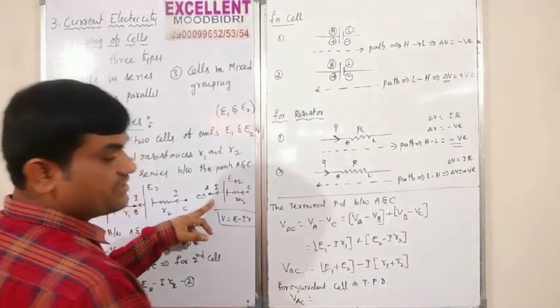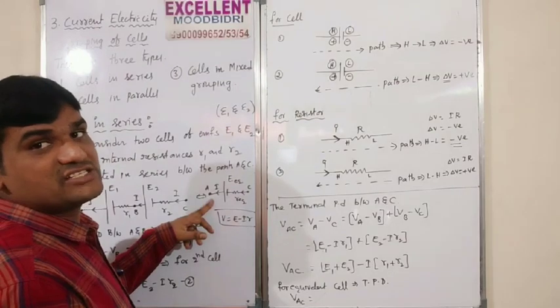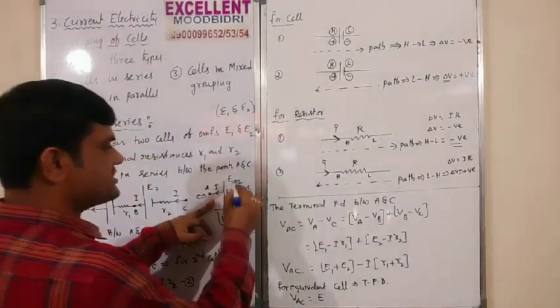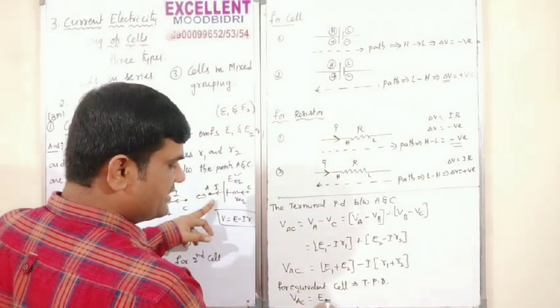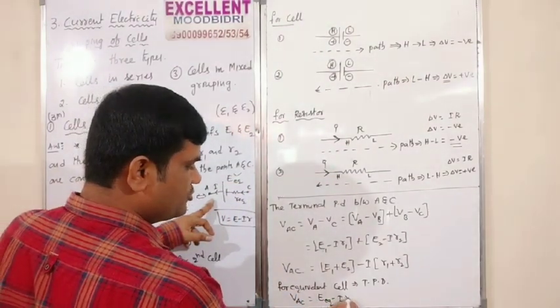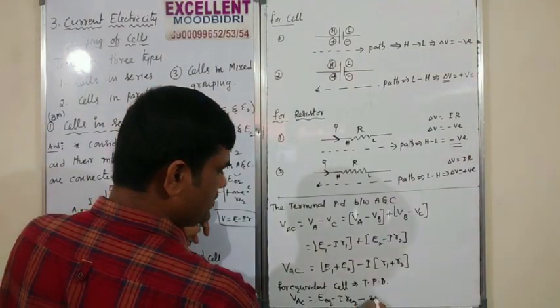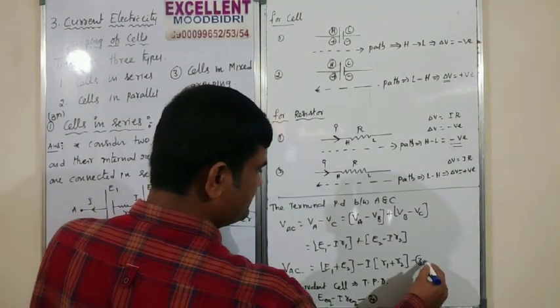VAC is equal to VA minus VC. So directly I will write here, with the equivalent resistance, E equivalent minus I into R equivalent. This is equation number 4 and the earlier one is 3.